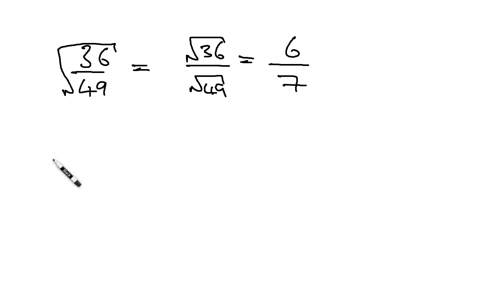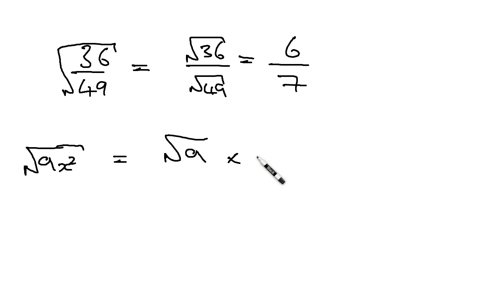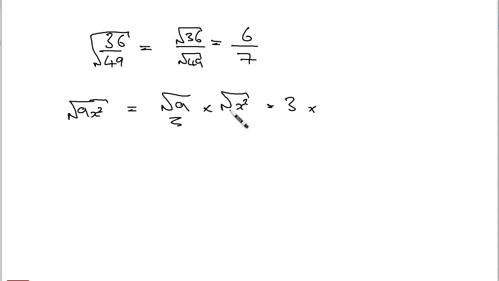And if I've got multiple things inside the radical sign, let's say I've got the square root of 9x squared, that's just the same as saying the square root of 9 times the square root of x squared. So the square root of 9 is 3. Square root of x squared, remember the squared and the square root sign cancel each other, 3 times x equals 3x.